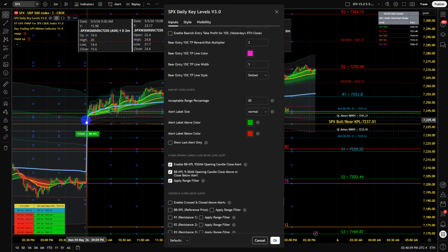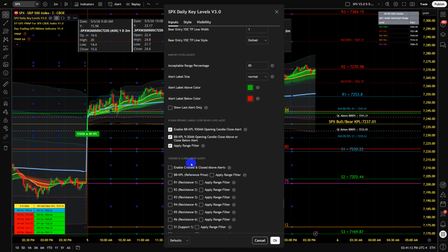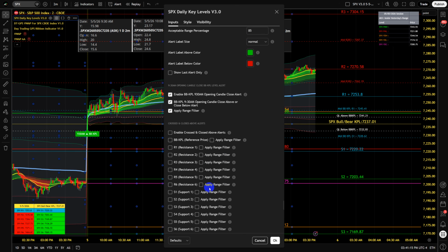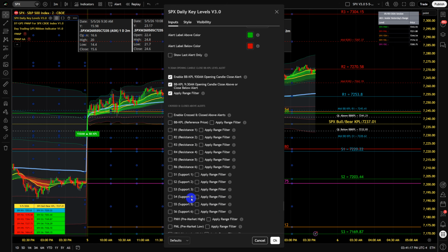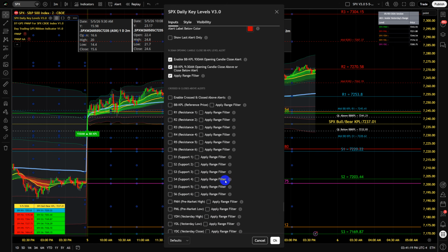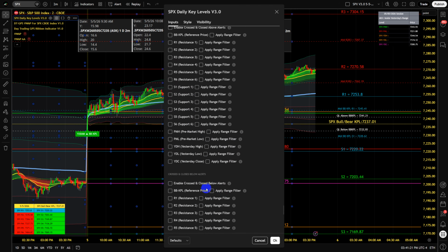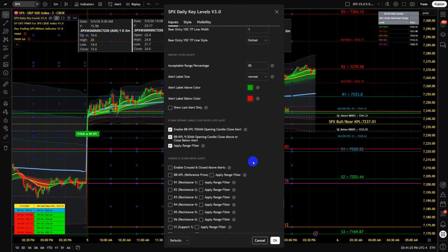If it instead was a close below, then you would be getting a red label on top of the candle, and that would be a bearish entry alert, which of course we would still need to confirm with the ribbon. You also have crossed and closed above alerts for each of the main key levels as well as the contextual levels, for both crossed and closed below and crossed and closed above.